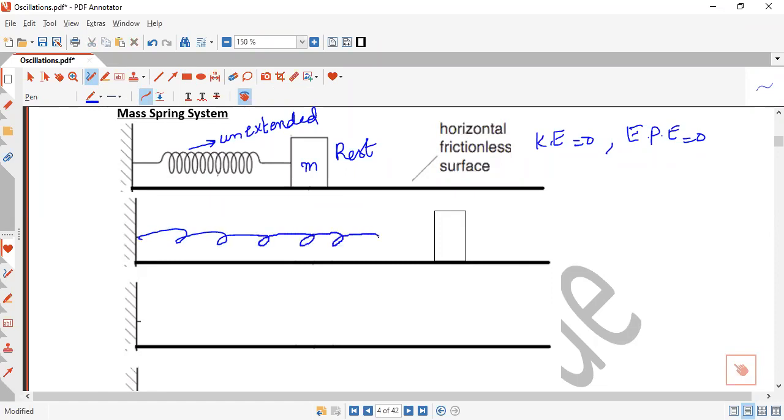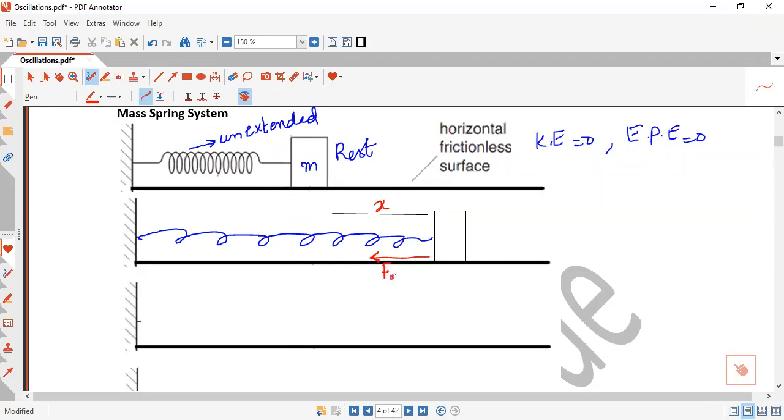So the spring will be looking like this, right, Shreya? Let's say the extension is like this. Here is the extension. So the restoring force, like the spring, will be pulling the mass towards itself, towards its mean position.